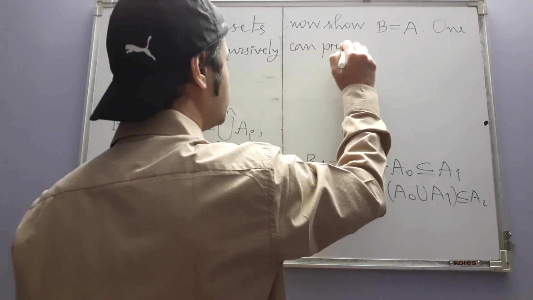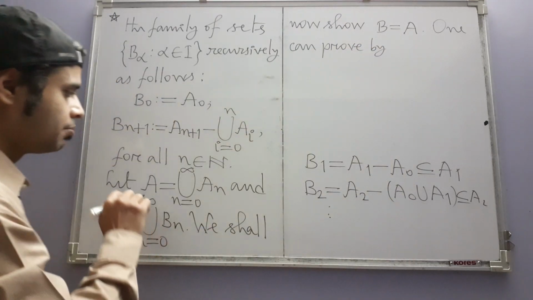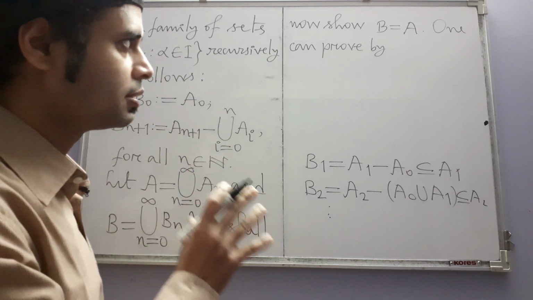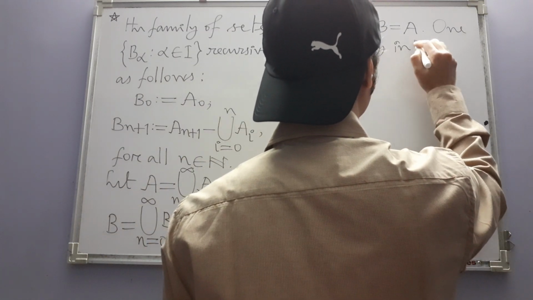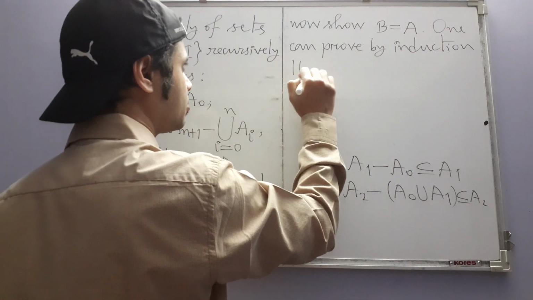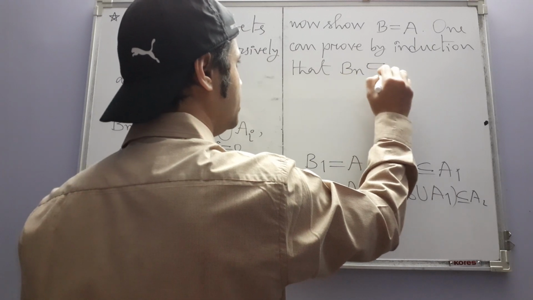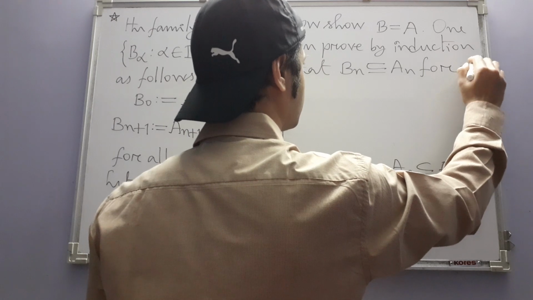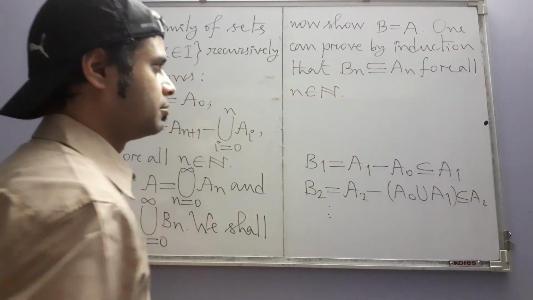It will be extremely easy and follow almost immediately from the definition itself, but still, in order to be rigorous, we are going to write: one can prove by induction that Bn is a subset of An for all natural numbers n.